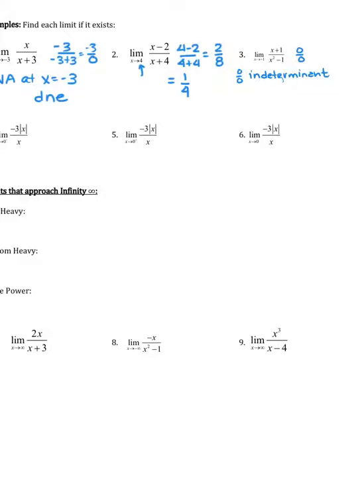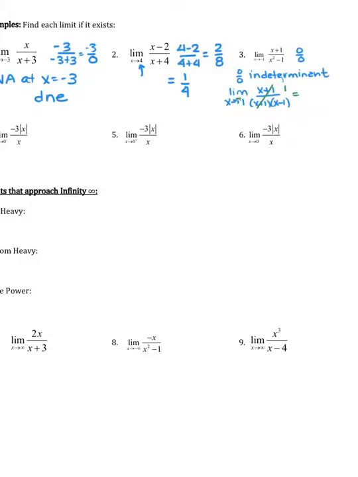So notice I do have a difference of squares here. So what I'm going to do is factor this. On top I have x plus 1. On the bottom I have x plus 1 times x minus 1. So what happens is this cancels out, and now I can go ahead and plug in, whoops, it was a -1, sorry.